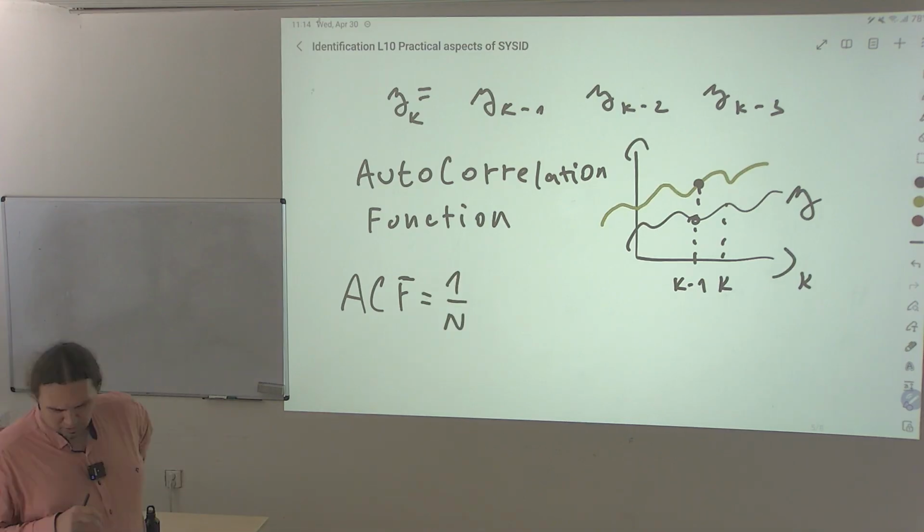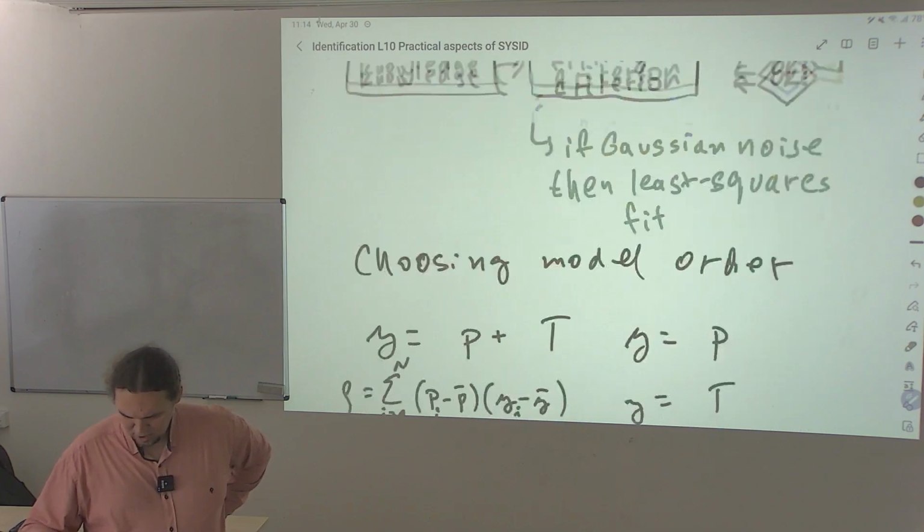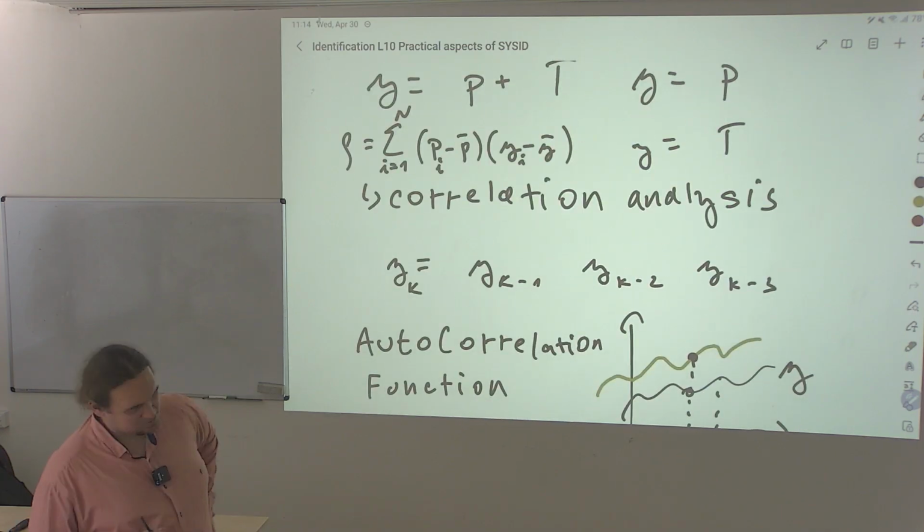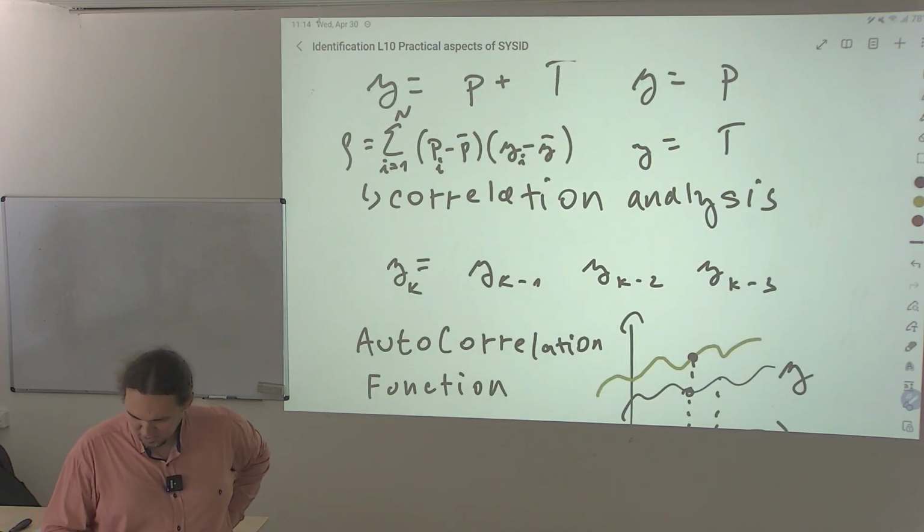Yeah, basically some mean. Mean is what I was missing here, right?